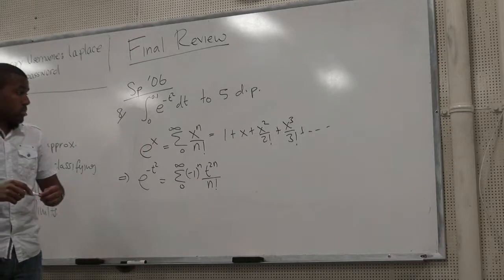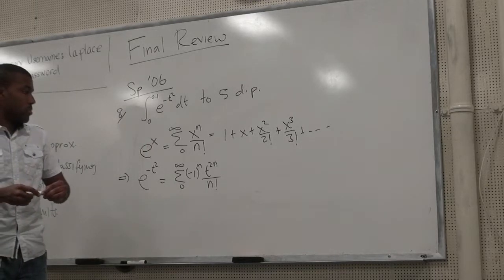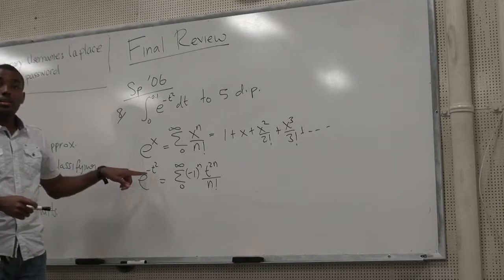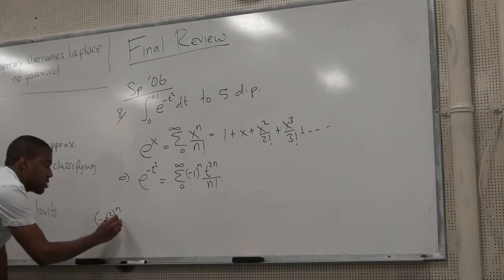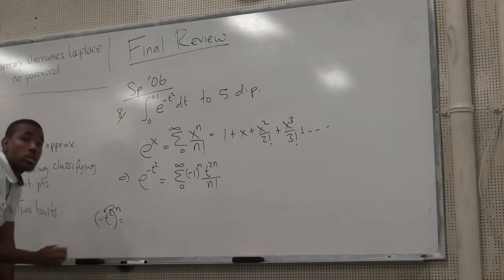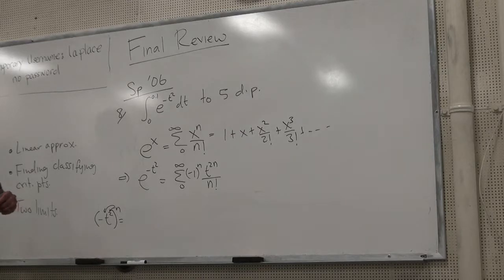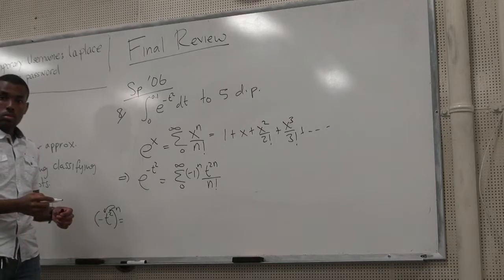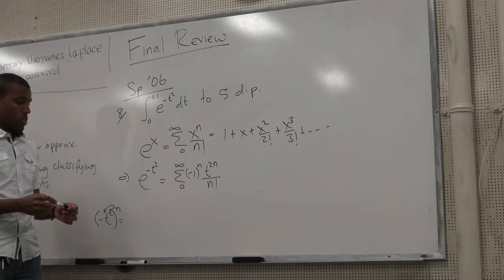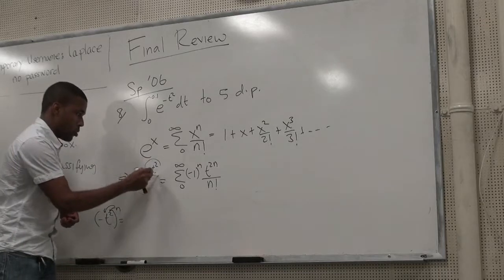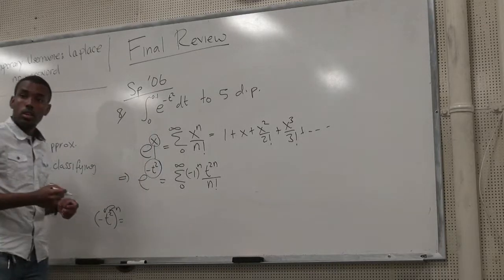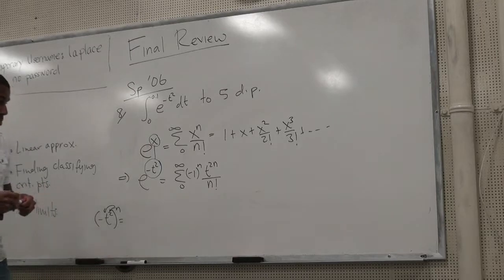How do you know that was minus 1 to the n? Because I plugged in the negative. The powers distribute. Would it still be valid to plug in minus t squared to the n, instead of separating the minus 1 out?